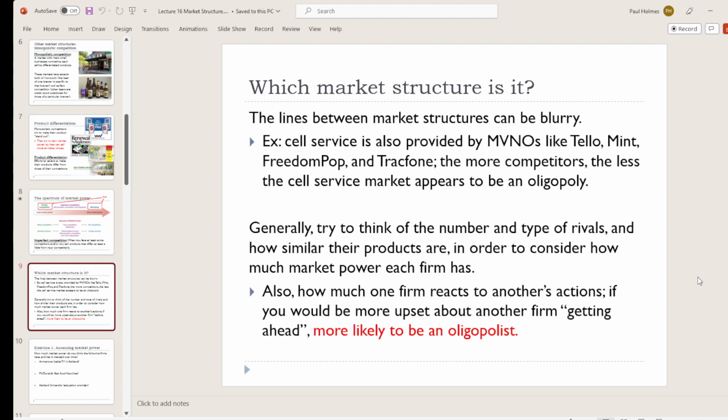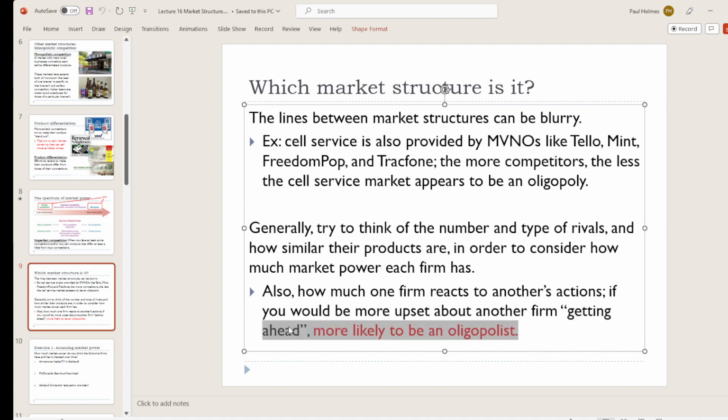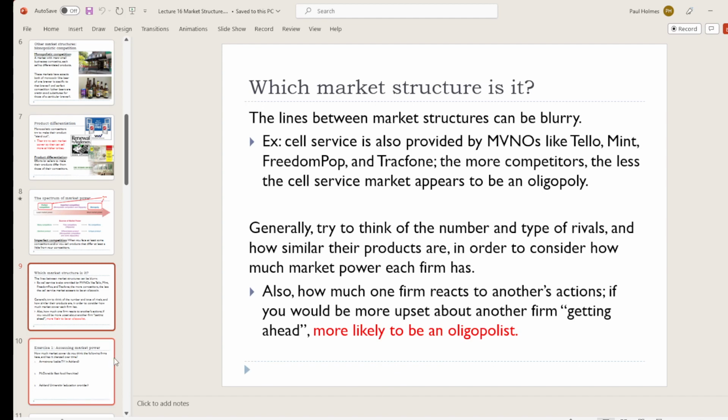They don't tend to want to get ahead at another firm's expense, whereas that typically is the case with oligopolists. Oligopolists tend to want to make sure that not only are they doing well, but their competitors are doing poorly. So the more you think a market is characterized by those sorts of beliefs, the more reasonable it is to believe that you're looking at an oligopoly.